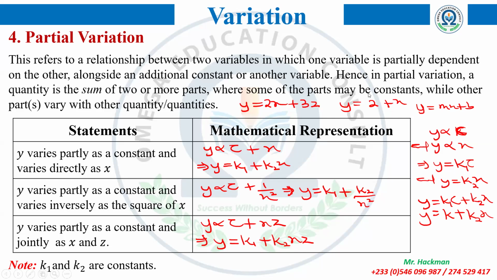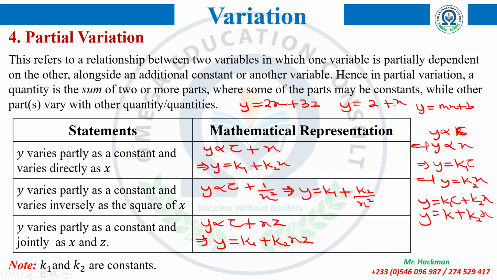Y varies directly, sorry, did I say directly? Partly. Immediately you see plus, partly should come in, and partly as this. This one, do you see any variable there? No. So it means you shouldn't take any variable. So you see only a constant. So partly as a constant and partly as a variable. But what's the name of your variable? X.